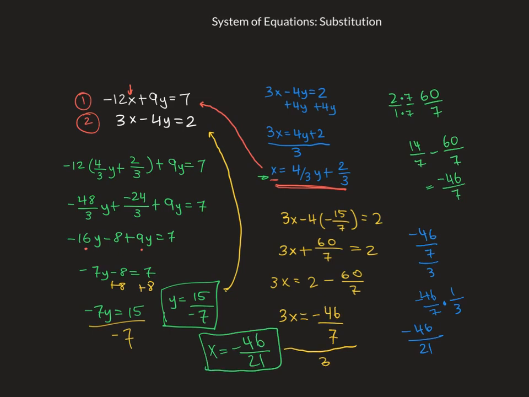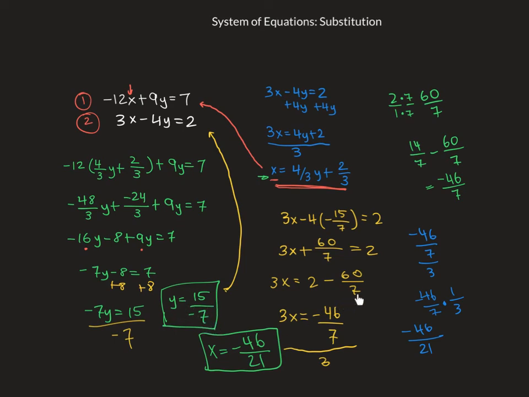So just to recap, our first step was to isolate a variable. So we took the second equation, shown here, and isolated x and brought it down. And then once we found this, we substituted it back in over here to find the value of y, which was minus 15 over 7.